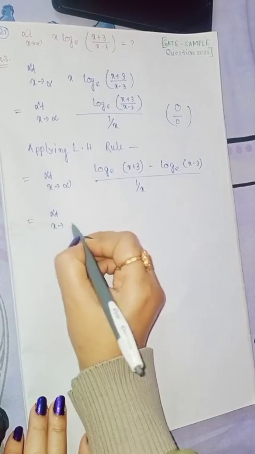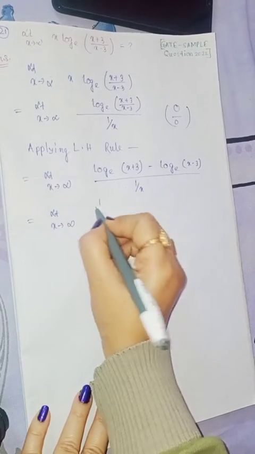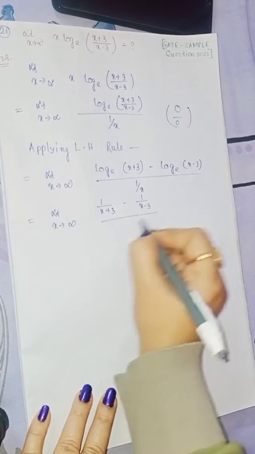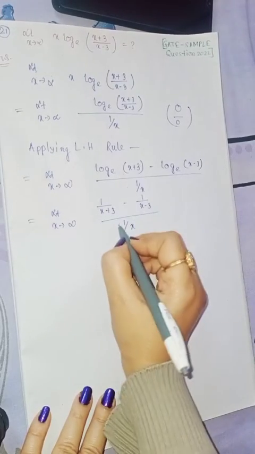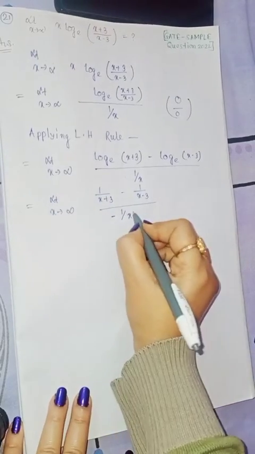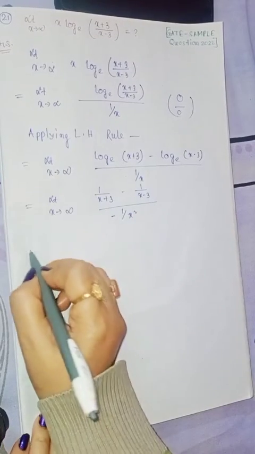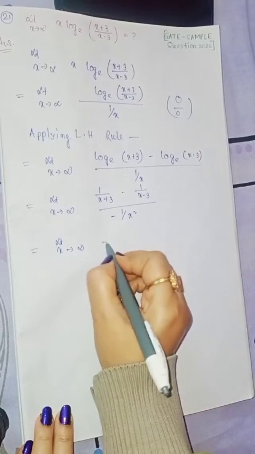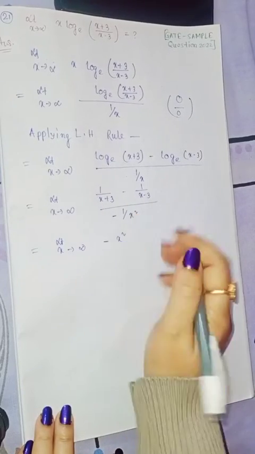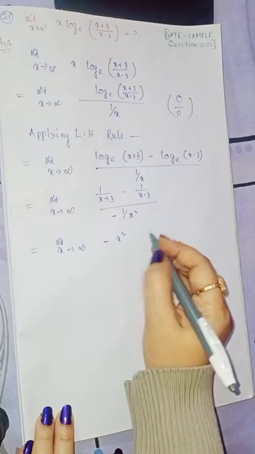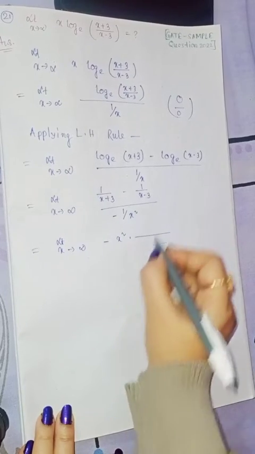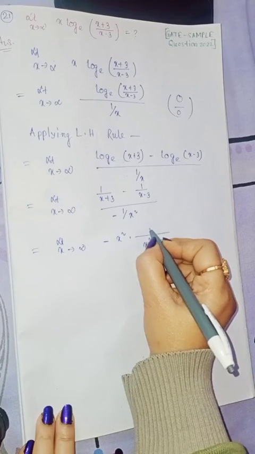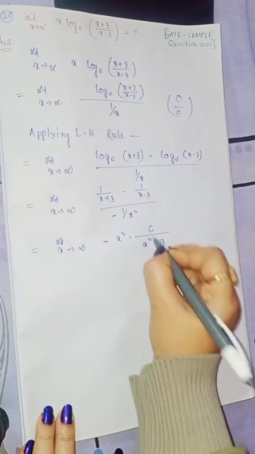So here we get 1 by (x plus 3) minus 1 by (x minus 3), divided by the derivative of 1 by x, which is minus 1 by x square. Derivative of the denominator also. So limit x tends to infinity, minus x square, and after calculating, the denominator becomes x square minus 9, and the numerator is 6.